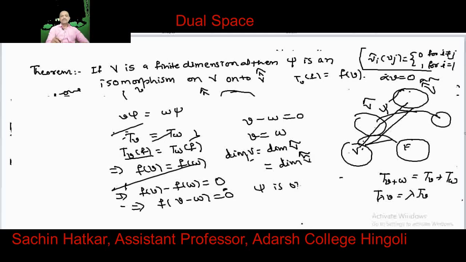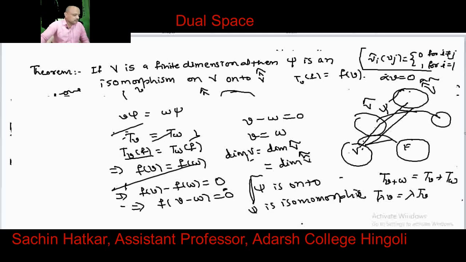Psi is a homomorphism, psi is a 1-1 mapping, and onto, and therefore psi is an isomorphism. As psi is an isomorphism, the two vector spaces V and V double hat are isomorphic.